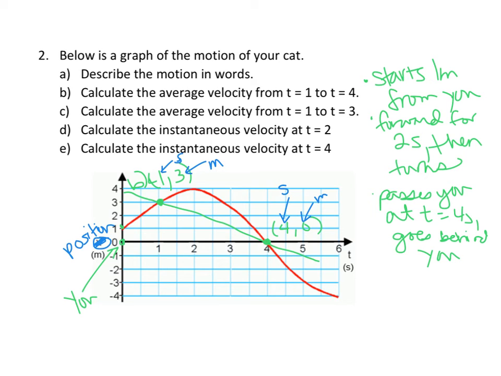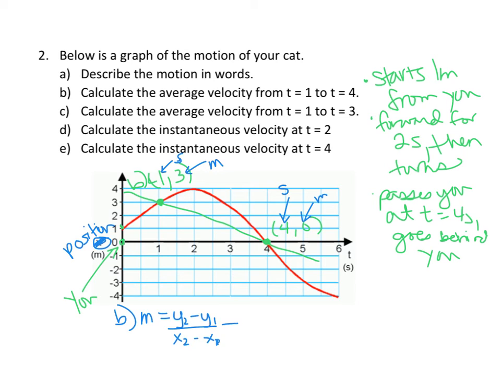So for part B, we are going to find the slope of the line. Slope, remember, is change in y, or y2 minus y1, over change in x, which is x2 minus x1.